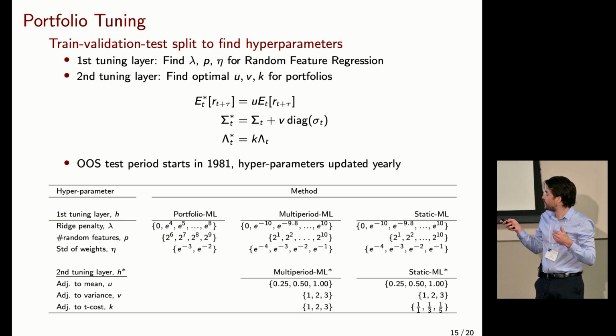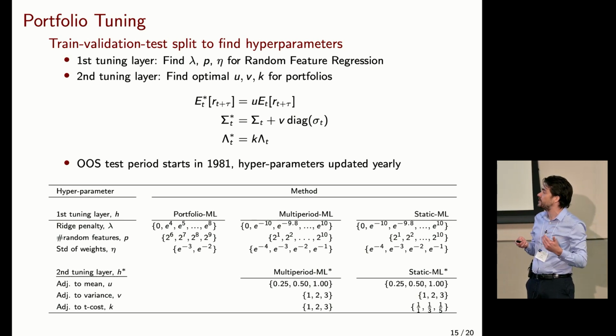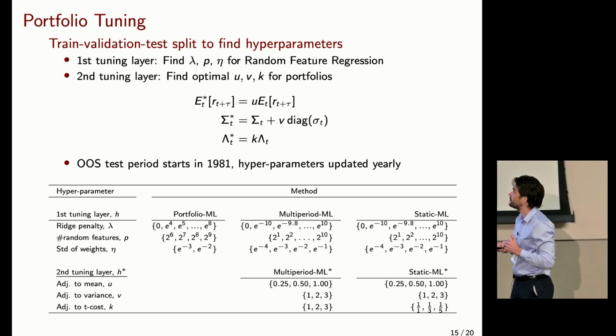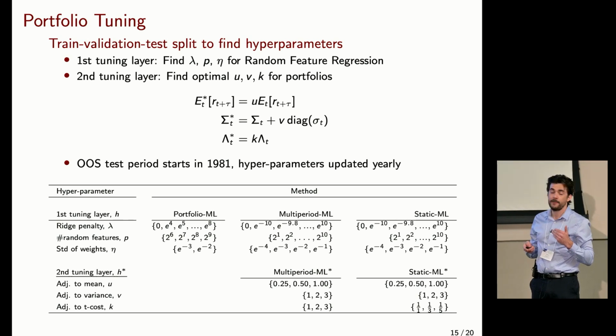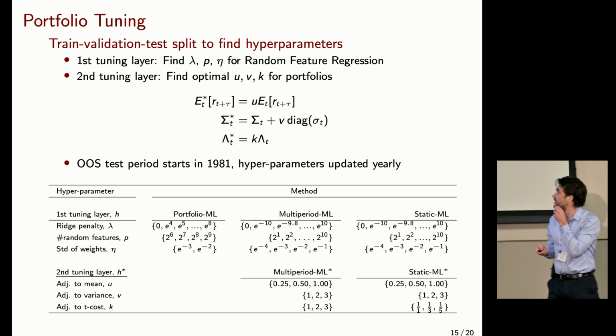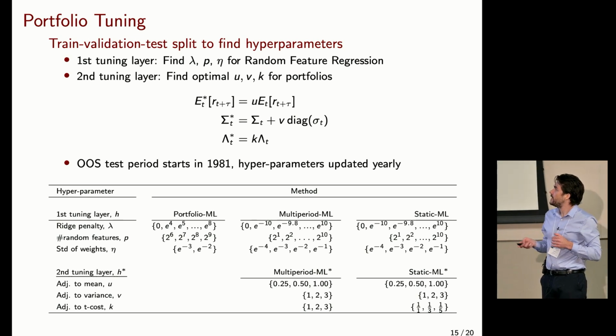And we do that in different ways. We're doing that by shrinking the expected return estimates, by adding volatility to the risk estimate, or by increasing the perceived trading cost. Now, all this is doing is just to lower the risk that you're taking out of sample, and we show that that actually has a significant benefit.